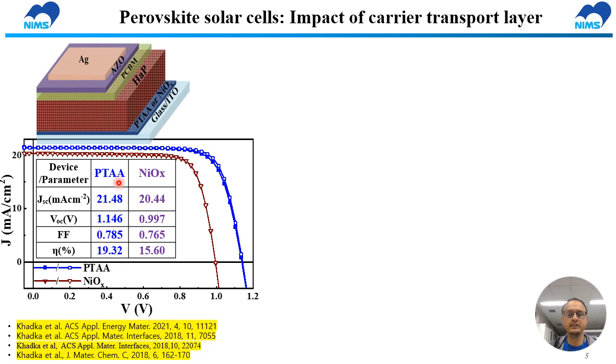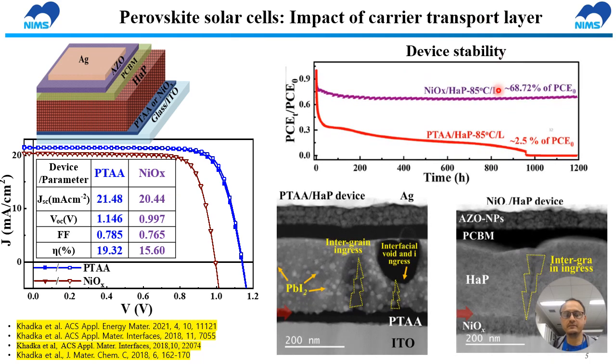Here we use PTAA, which is a very famous STL, and spot on nickel oxide. With PTAA we improved the device performance as high as 19.32%, whereas in the case of nickel oxide the efficiency is not as good as PTAA. But if we compare the device stability, nickel oxide has better stability.